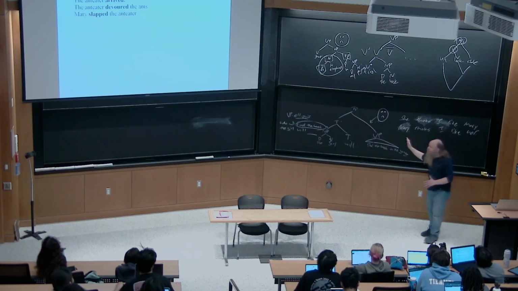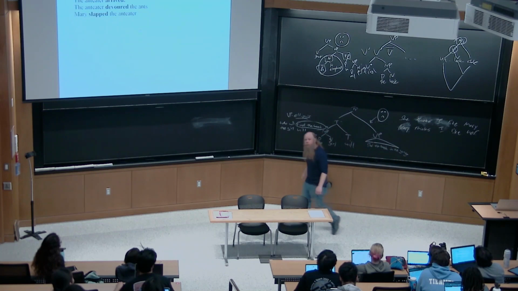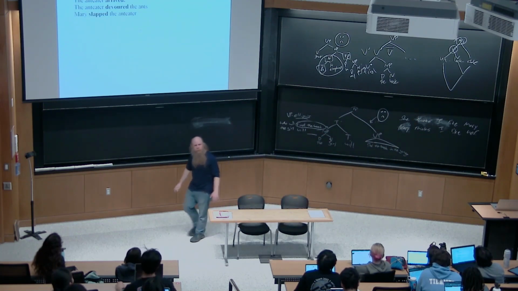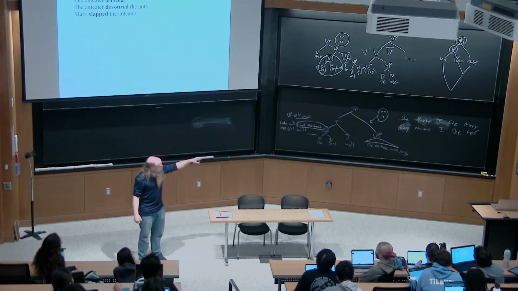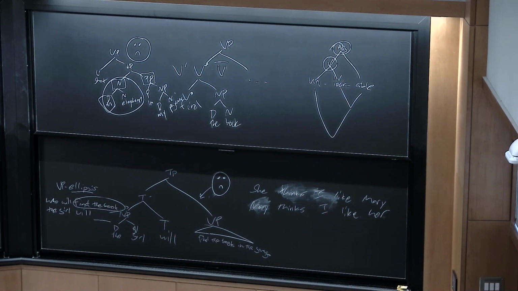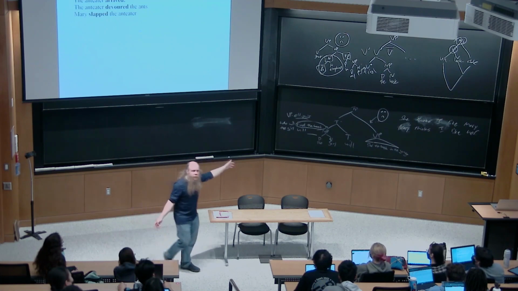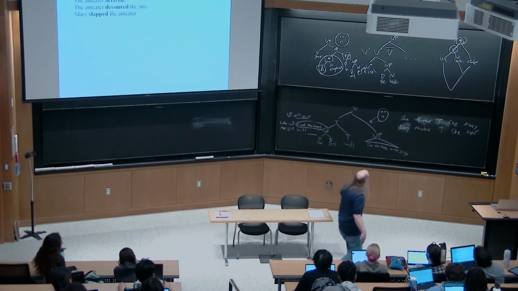These are two grammatical sentences in English. She thinks I like Mary, and Mary thinks I like her. In the second sentence, we've got Mary, and we've also got her. Can her refer to Mary? Yeah. Could also be somebody else, right? But it could be Mary.